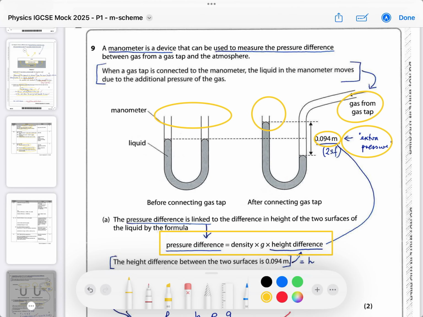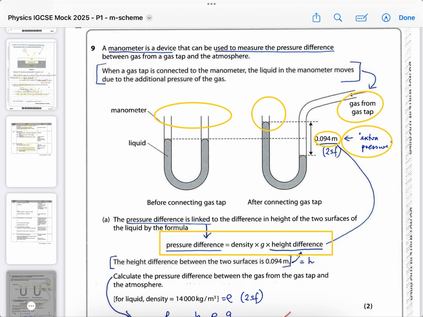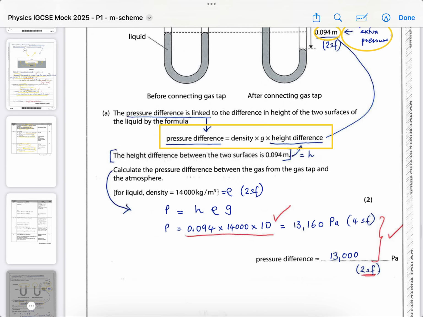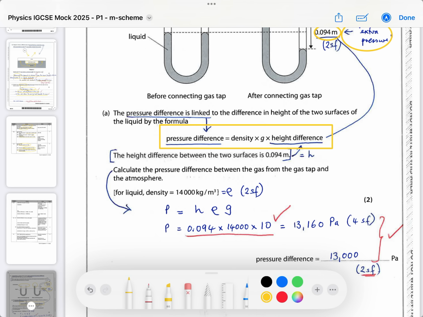Okay, so this equation is given to you in the formula sheet, and g, gravity, is also given to you. g is 10, so we've already put the g value in to the equation.